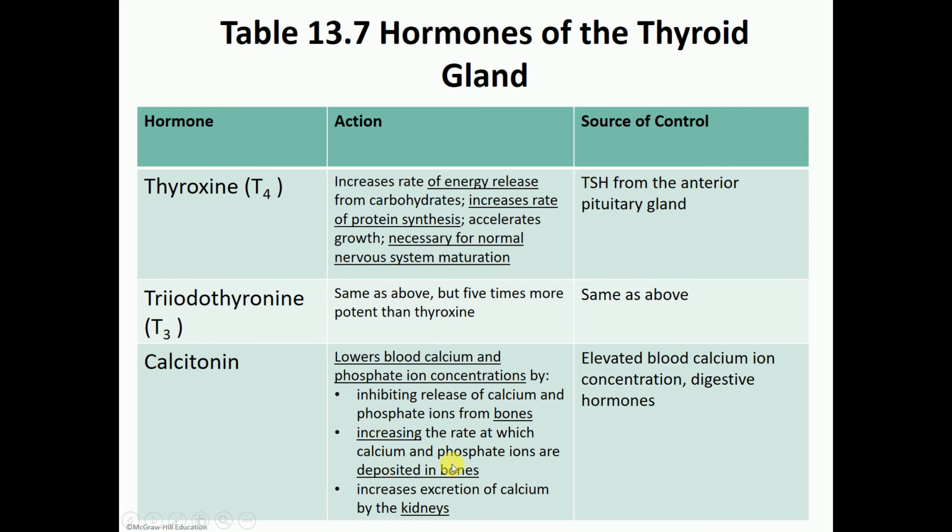So in this case, it will stimulate your osteoblasts and inhibit your osteoclasts, and it increases the excretion of calcium by the kidneys. All of these attempts will take the calcium from the blood and deposit it onto the bones in the hopes of bringing that calcium level back down to normal. It will also push the calcium to be excreted by the kidneys in urine.